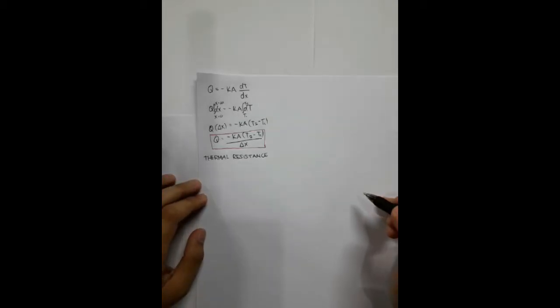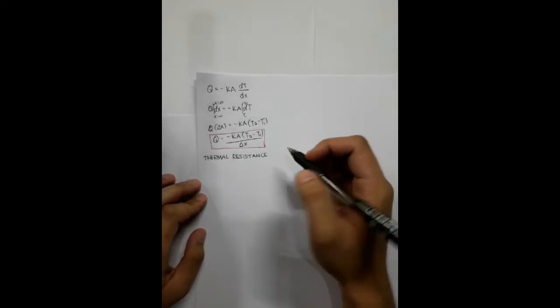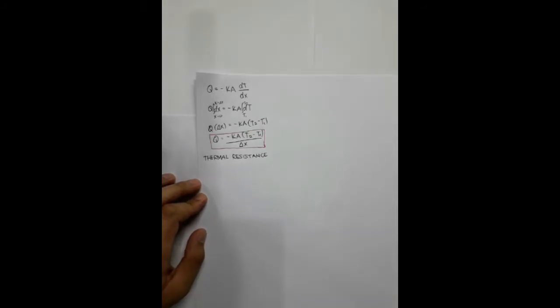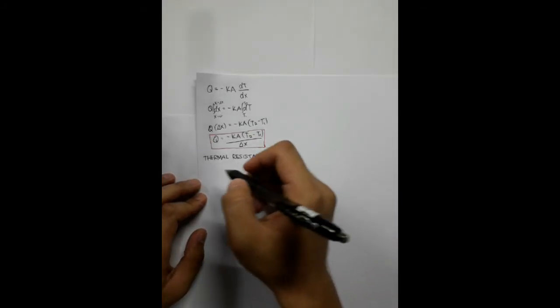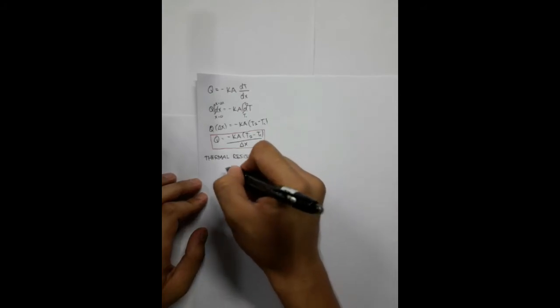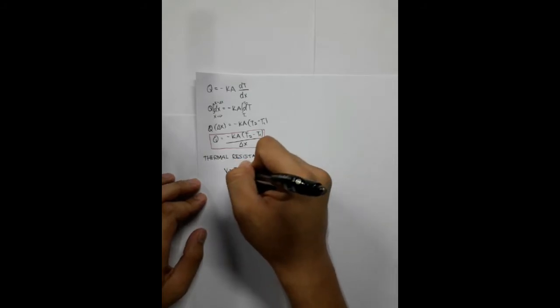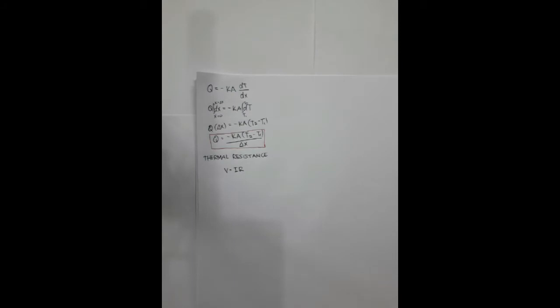Ganon din po sa heat transfer. So, from electrical circuit, alam natin na voltage equals ampere times resistance.